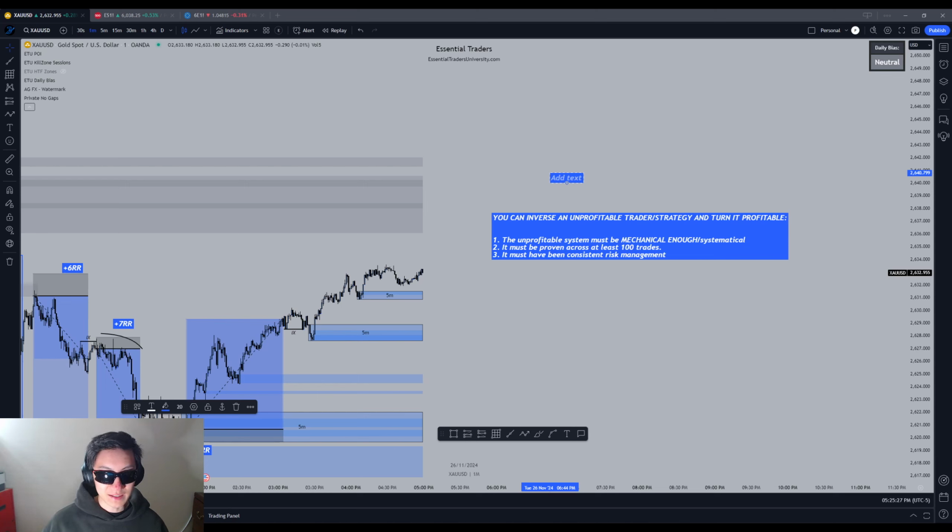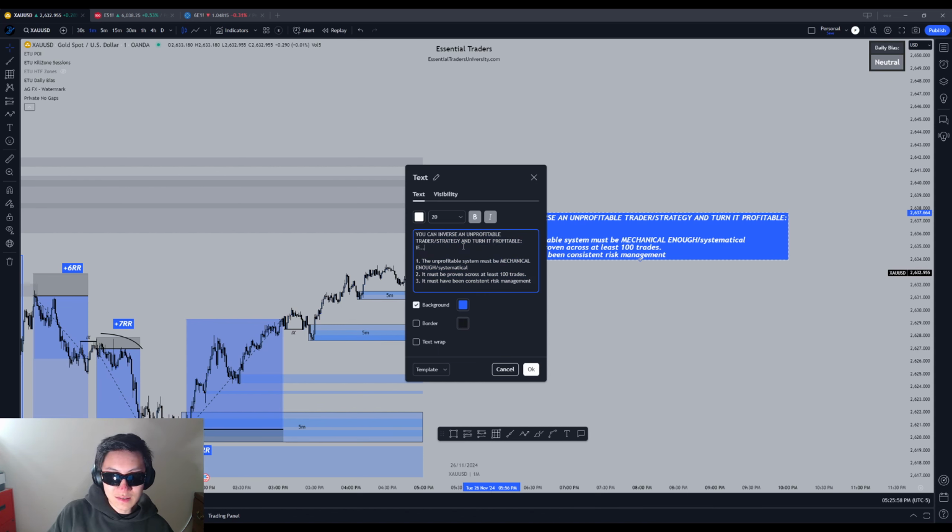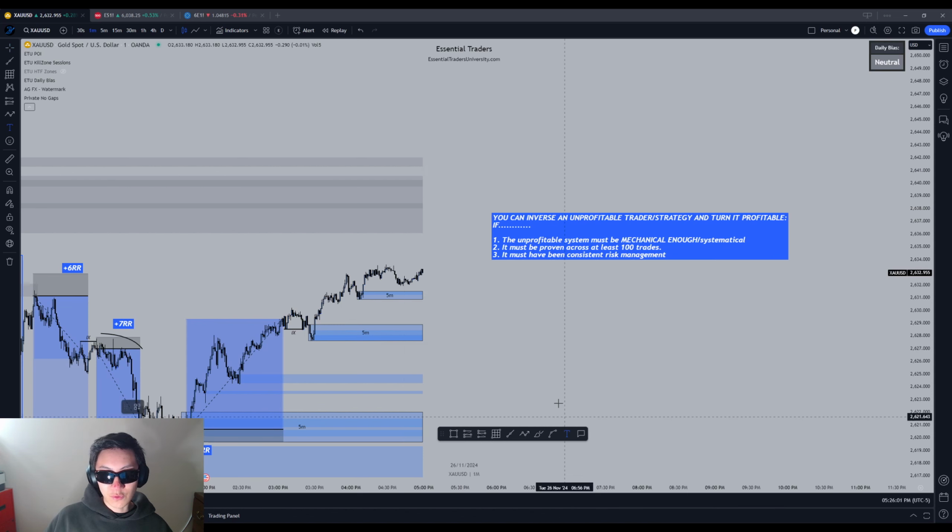Because if that's the case, then it's very hard to really track if their system has a negative EV or not, because maybe they just got unlucky that their one loser or two losers were times they over risked or over leveraged, or maybe their winner was the one that over leveraged and over risked, so it made them look like they had a profitable system. In reality, it wasn't profitable. So there's many ways of looking at this, and that's why it must have these three criteria. So these three all have to be met for this to work.